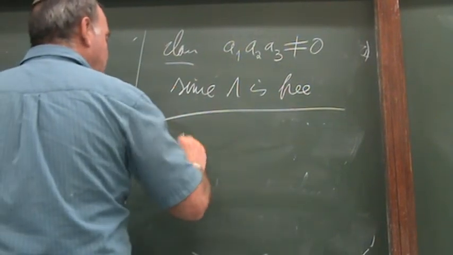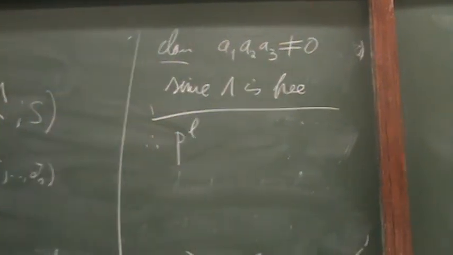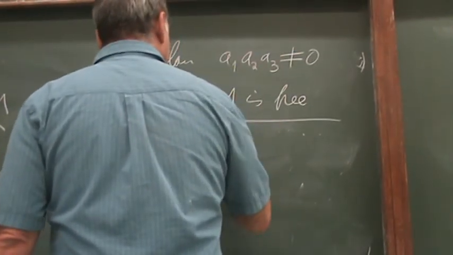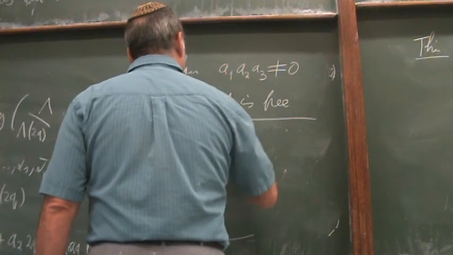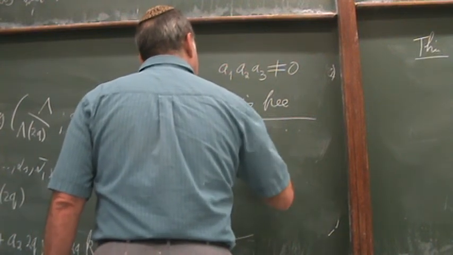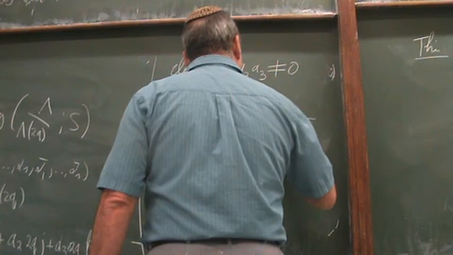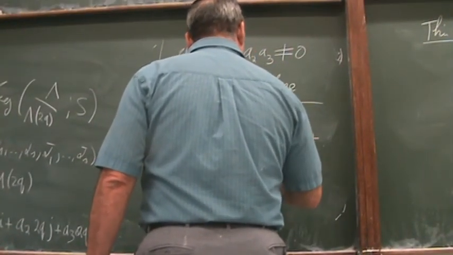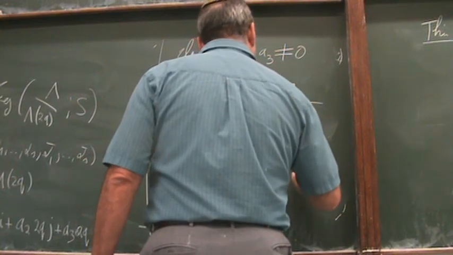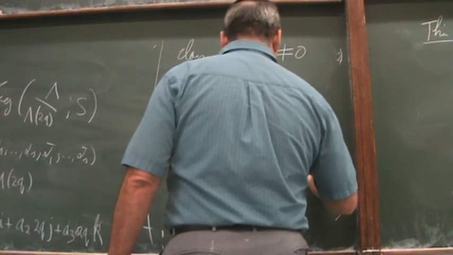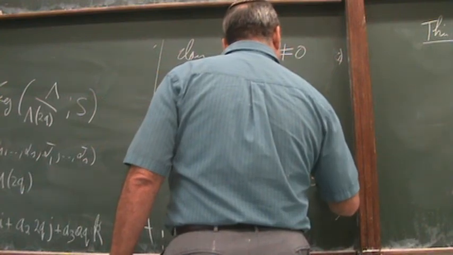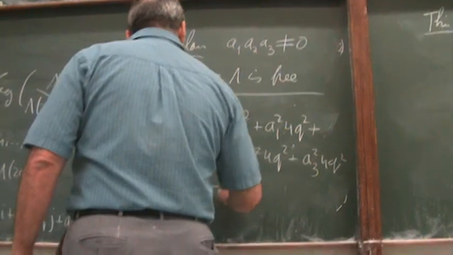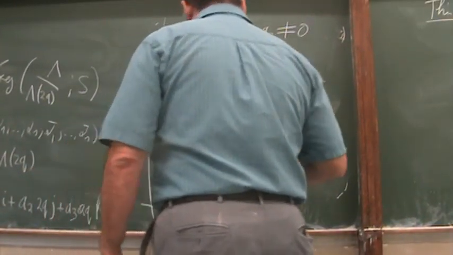And therefore, now compute the norm: p to the L is equal to a0 squared plus a1 squared 4q squared plus a2 squared 4q squared plus a3 squared 4q squared, and simply p to the L is therefore more than q squared.